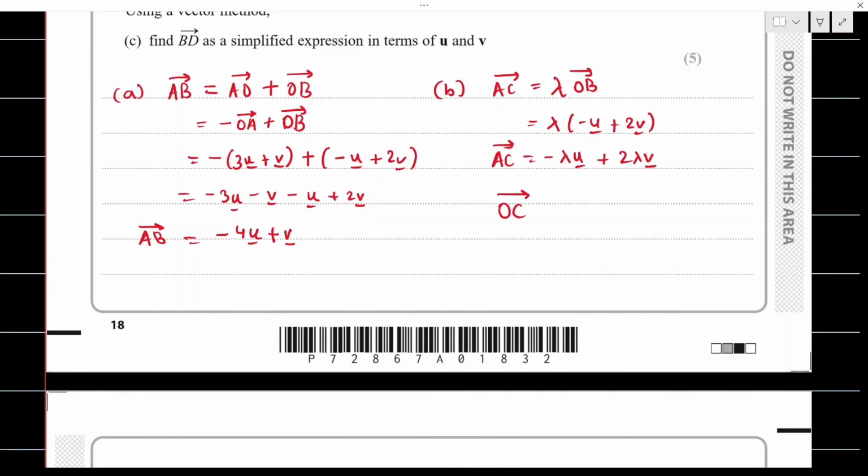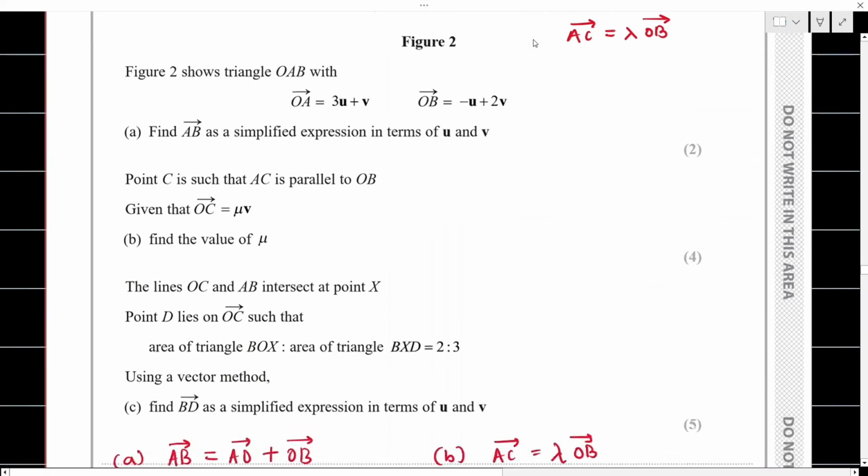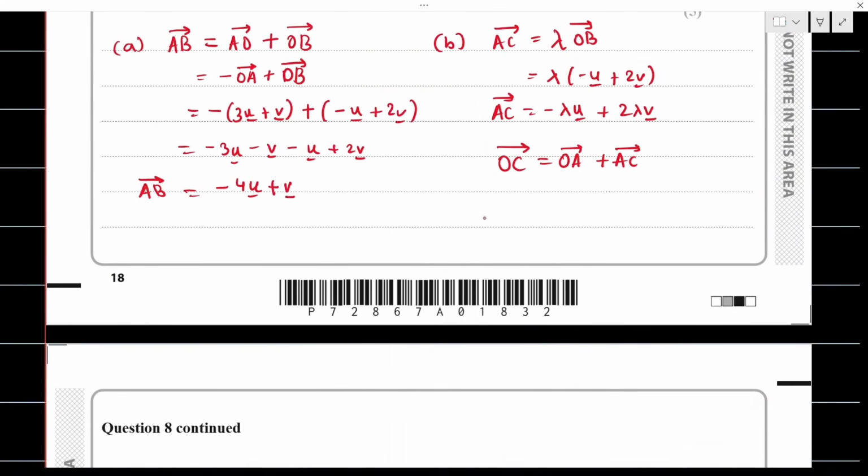From our triangle, I can see that OC is equal to OA plus AC. Our OC vector is equal to OA plus AC. From our given information, we know that OC is equal to mu v vector and OA is equal to 3u plus v vector. And we have already calculated the value of AC in terms of lambda, so minus lambda u plus 2 lambda v. We can now simplify this.